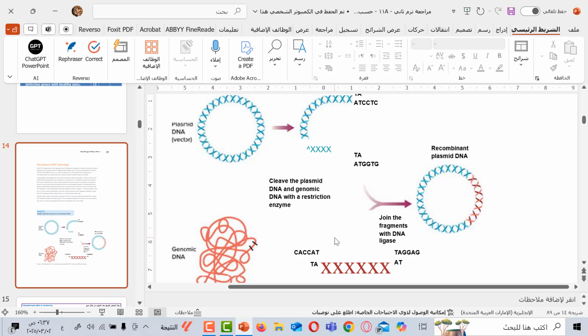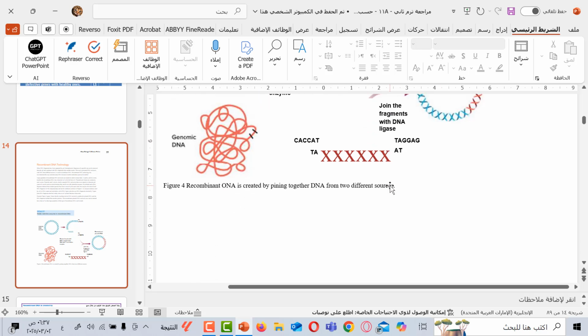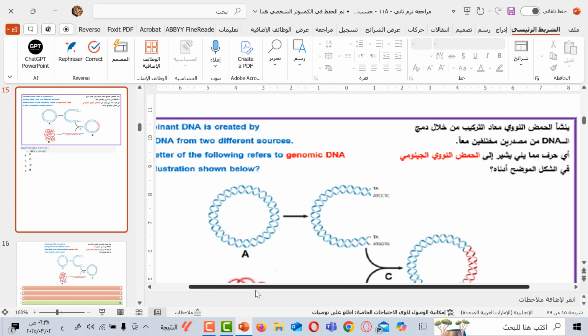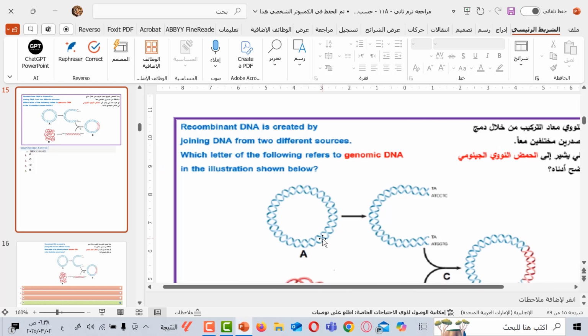Okay, let us see some questions about this one. As I said before, here is the picture. Recombinant DNA is created by joining DNA from two different sources. Which letter of the following refers to genomic DNA in the illustration shown below?